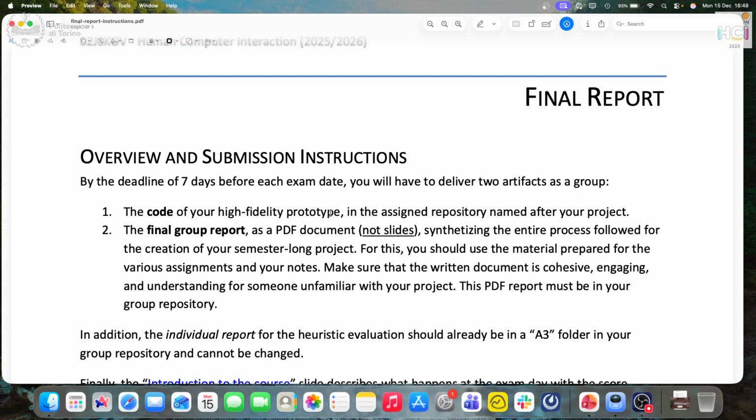The suggestion is don't come all in the first exam. Not because we don't want you all, but because not all of you will be ready for the first exam.